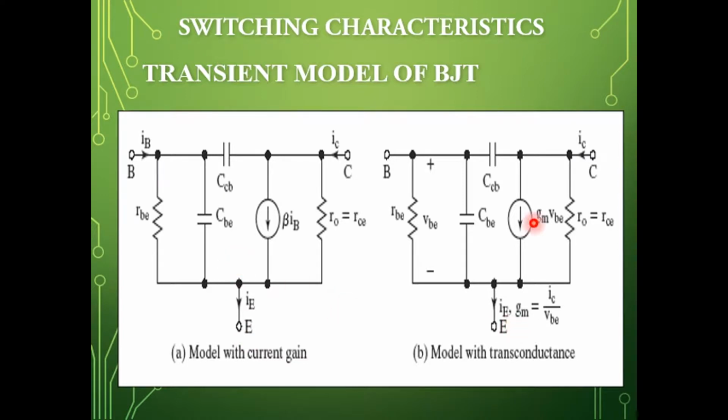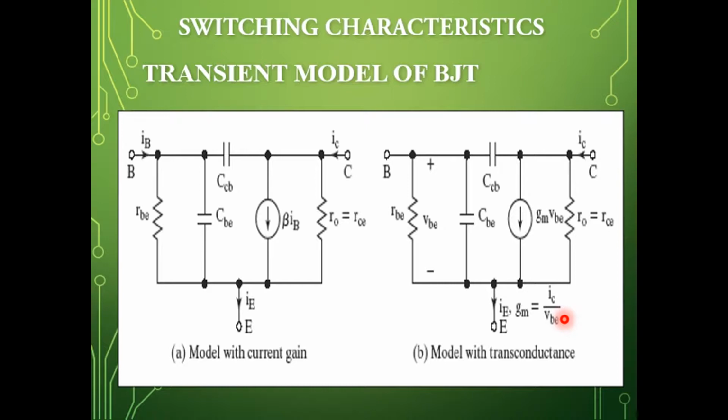This is the first model with current gain, that is IC is equal to beta IB, whereas here the collector current is expressed in terms of its transconductance. What is transconductance? Conductance is I by V. Transconductance means one quantity is output and another is input, so it is output current by input voltage.